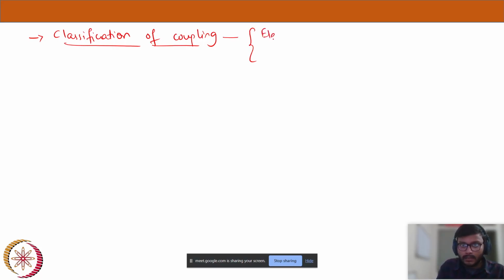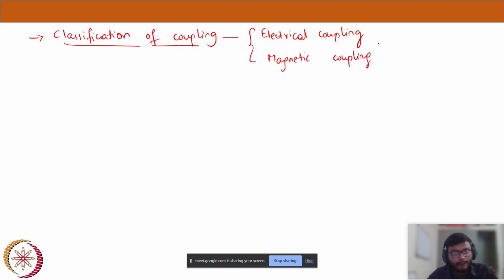If you look at different types of coupling, you will see two main types of coupling. That is electrical coupling, and the second one is magnetic coupling. Yesterday we have seen both types of coupling in circuits.